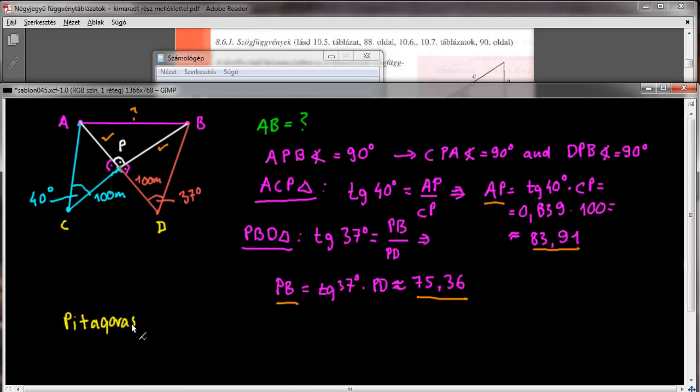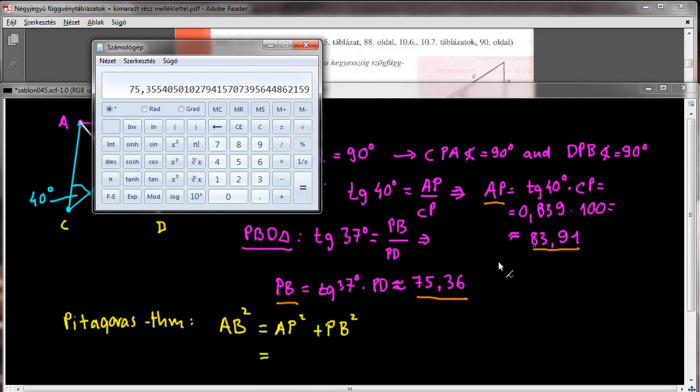Pythagoras theorem, it says that AB squared is equal to AP squared plus PB squared.